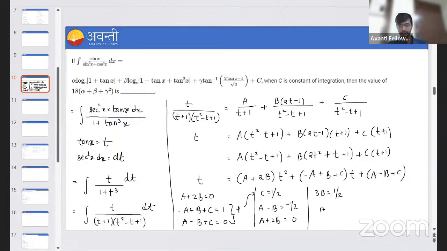So that means b equals 1 by 6, and c equals half. So if b equals 1 by 6, a equals minus 2b. So that means a equals minus 1 by 3. So a is minus 1 by 3, b is 1 by 6 and c is 1 by 2.